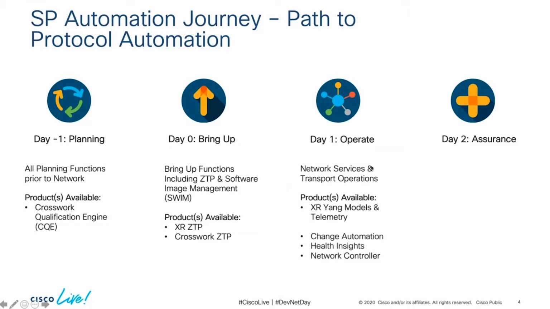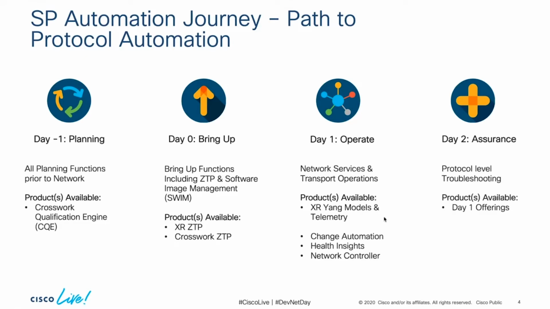Day 1, talking about operations. Here, Brian and Santiago talked a lot about Yang models and telemetry. Harsha would have talked about change automation and health insights. This is where you can use those Yang models and telemetry and build automation and integrate it with your OSS or build new functions. Last but not least is day 2, assurance.